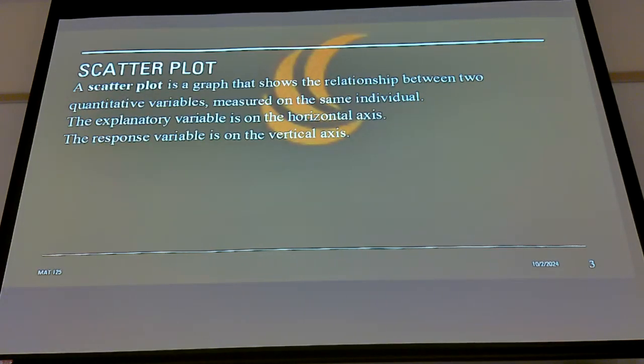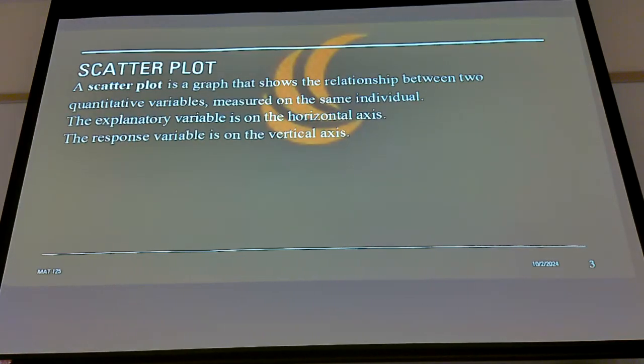And typically what we want to do is examine the relationship between the dependent variable and the independent variable. There are, in theory, an infinite number of relationships.